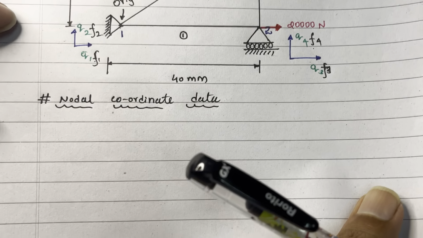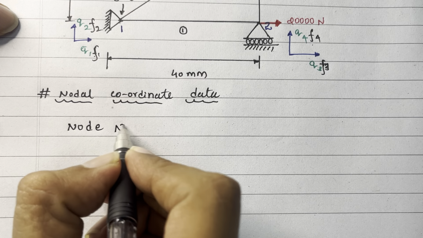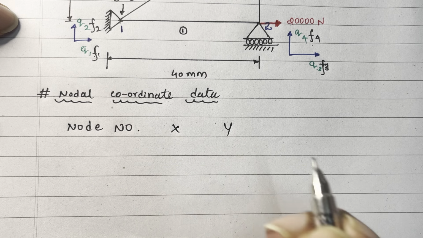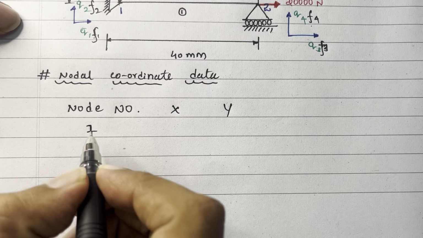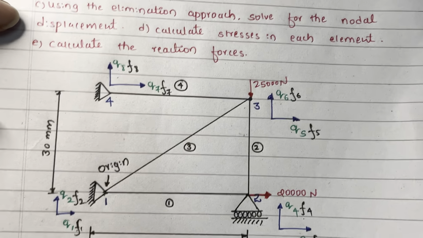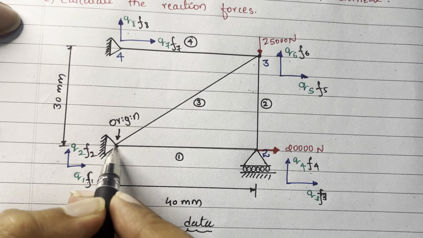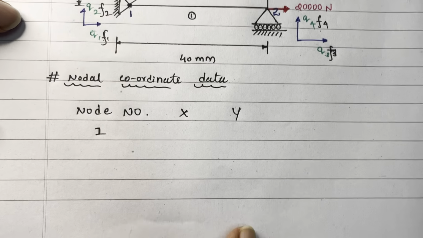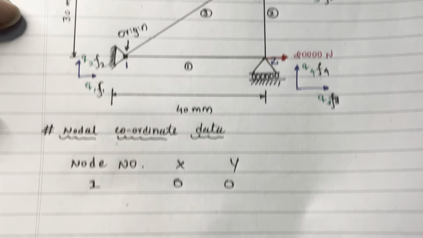Okay, so node number, then x direction, y direction. Okay, now I will write node number 1. You just check this node number 1, as it is origin, the x distance is also 0 and y distance is also 0. So I will write x is 0, y is 0, as it is origin 0, 0.